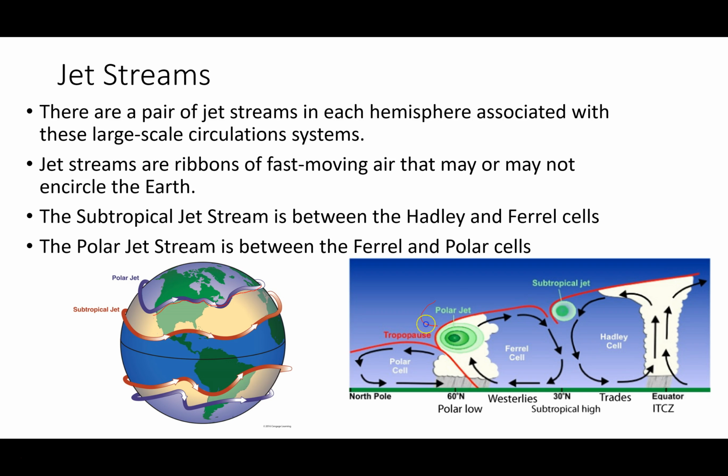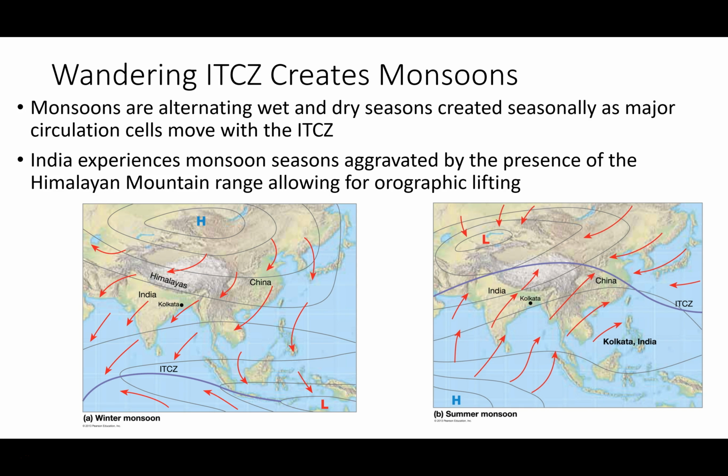So we have the polar jet between the Ferrel and the polar cell, and the subtropical jet between the Hadley and the Ferrel cell. And the jet streams will migrate with the cells that migrate with the intertropical convergence zone, which migrates with regard to the seasons.